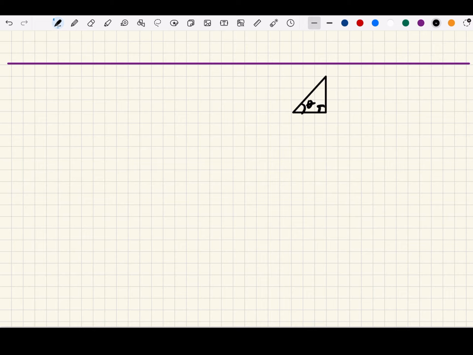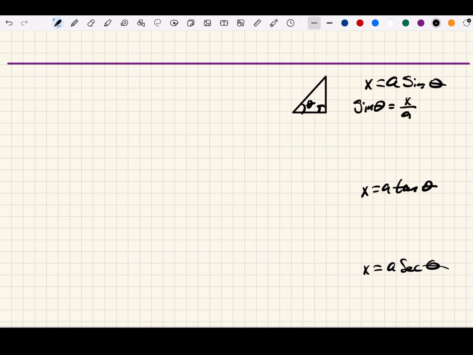These forms are going to be either x equals a sine theta, x equals a tangent theta, or x equals a secant theta. So that's real consistent. It's x equals a something, and that something is always just a trig function. Now, what does this mean? This means that sine theta would be x over a, just dividing both sides by a.